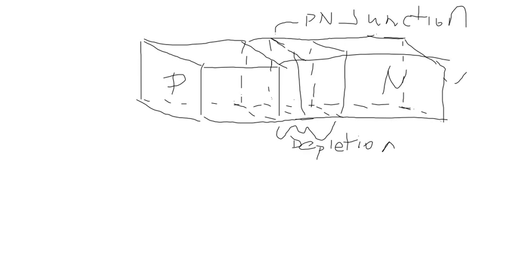Now a capacitor consists of two parallel conducting plates separated by an insulator. I'm not going to draw the hidden lines on this one.